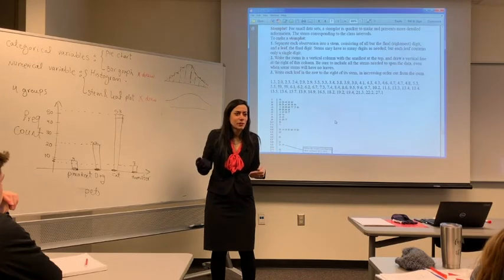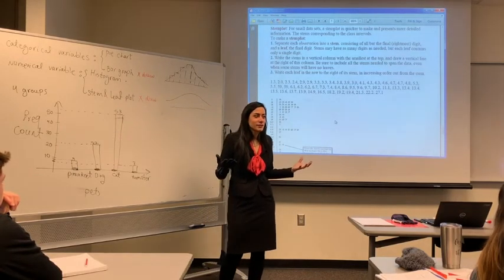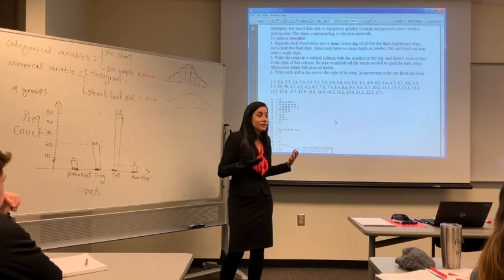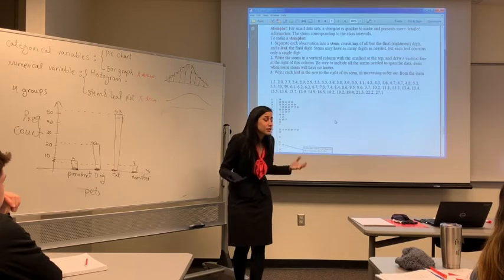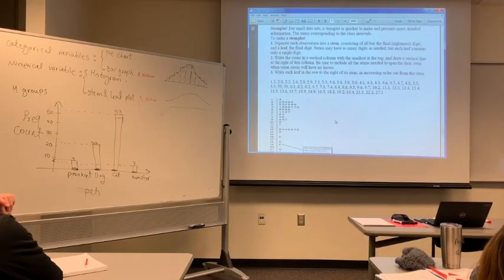Give me example of numerical variable. Age, correct? What else? Distance, weight, height. All of these are numerical, correct? So we can use a stem and leaf plot to show those kind of variables, correct?